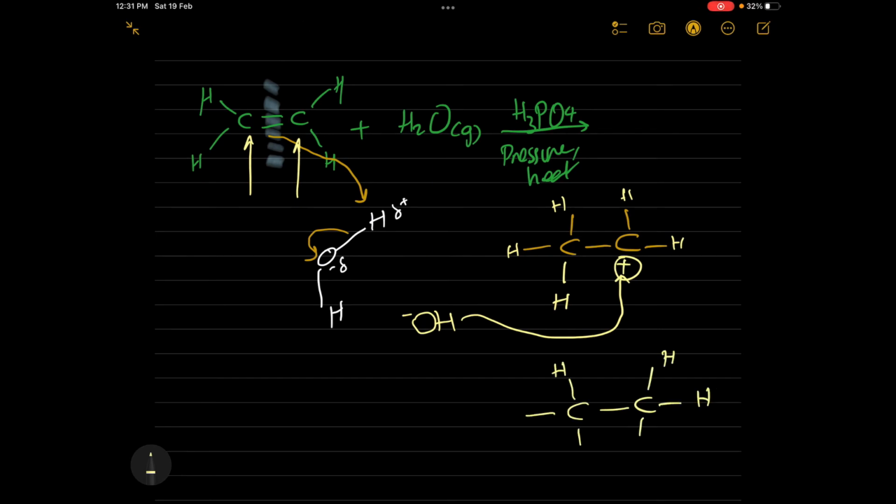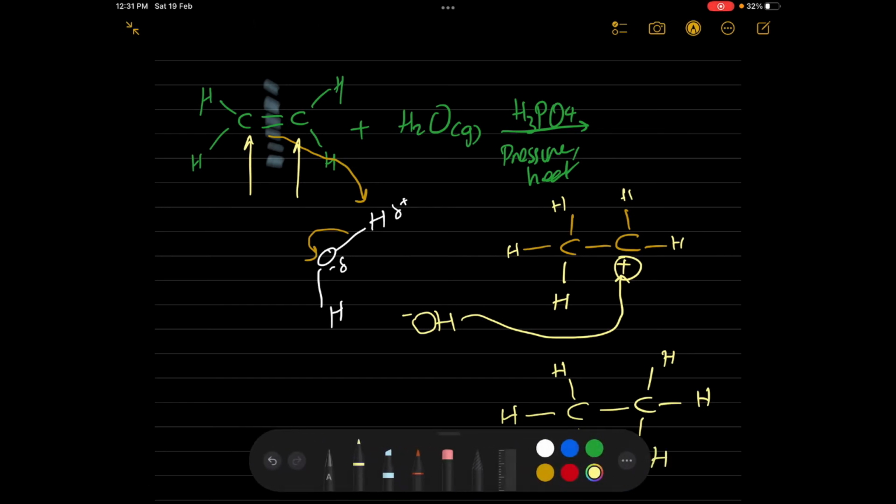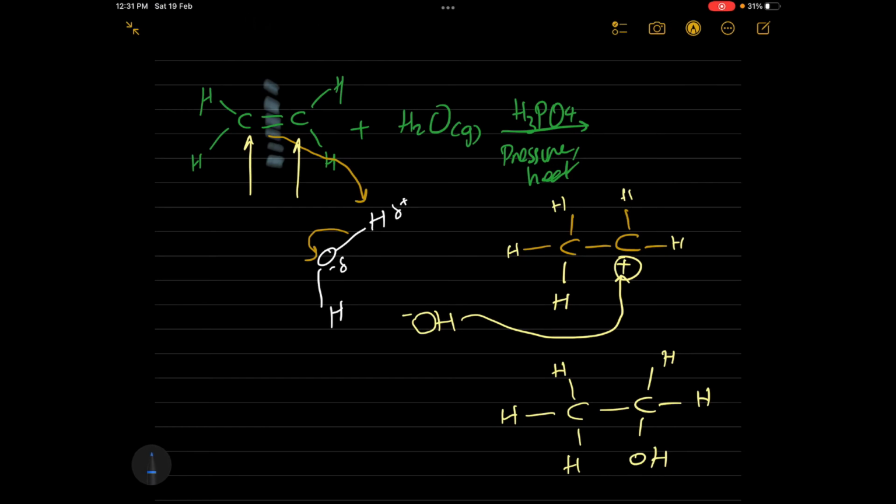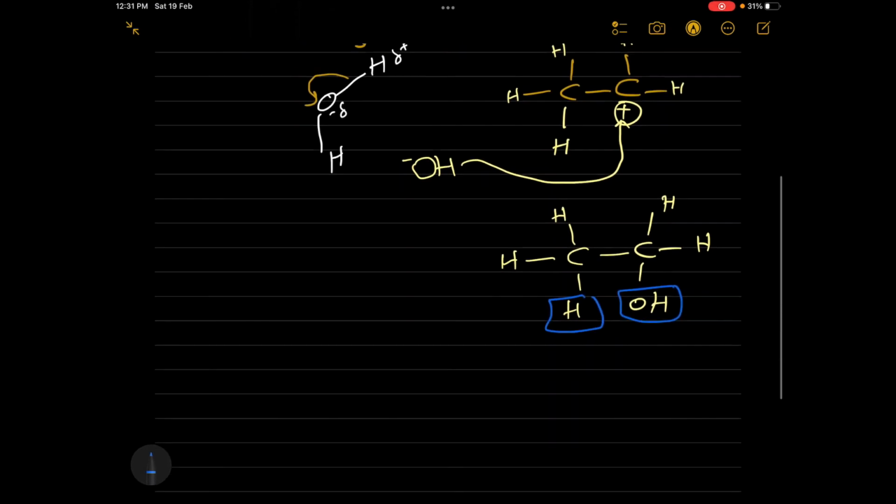There's no change in these. We have the same thing, and this is the OH. So as we can see, the product of this addition is the OH and the hydrogen added across the double bond. You can write this molecule in the form of the structural formula like CH3CH2OH.